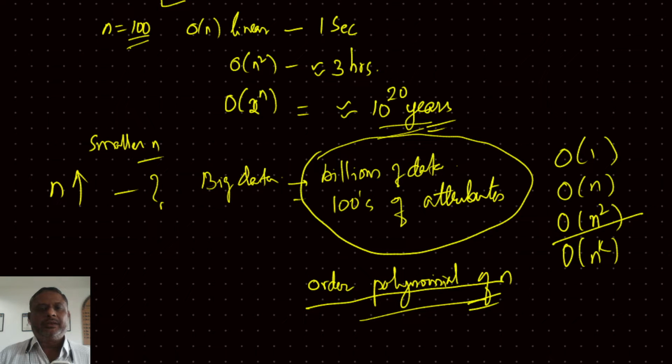So we have seen if n is 100 and if we are working on a linear time system, say if it takes 1 second, then for a quadratic time system, it's going to take around 3 hours. And if it is an exponential system, then it's going to take around 10 to the power 20 years of time. So definitely not advisable.